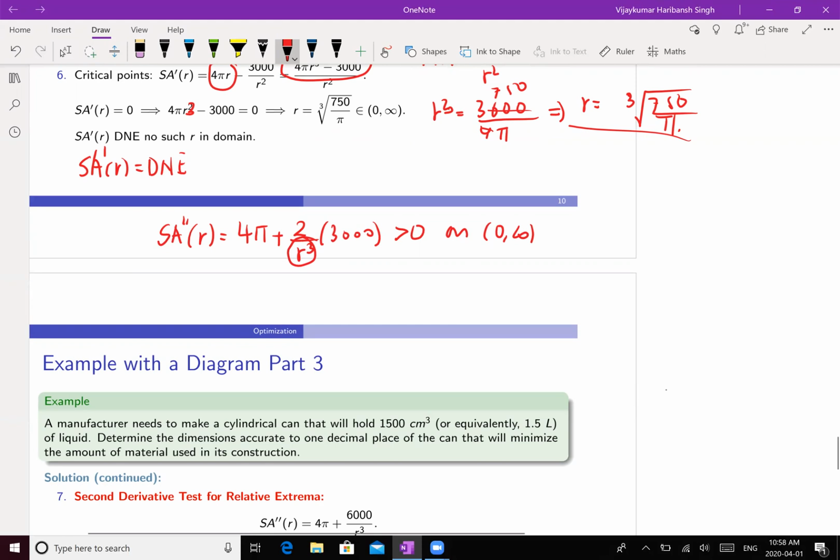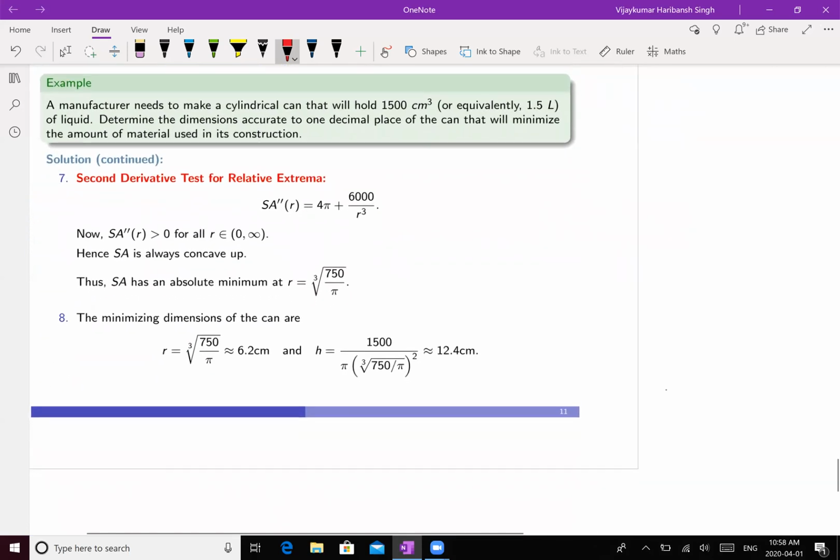You don't need to, basically this is always greater than 0 and everything else is positive. So you see how the second derivative test is better than the first derivative test here, but sometimes the second derivative test fails. So in that case, you'll have to go back to the first derivative test. So this is always concave up. That means, since this is always concave up, SA has an absolute minimum at r equals this guy, right?